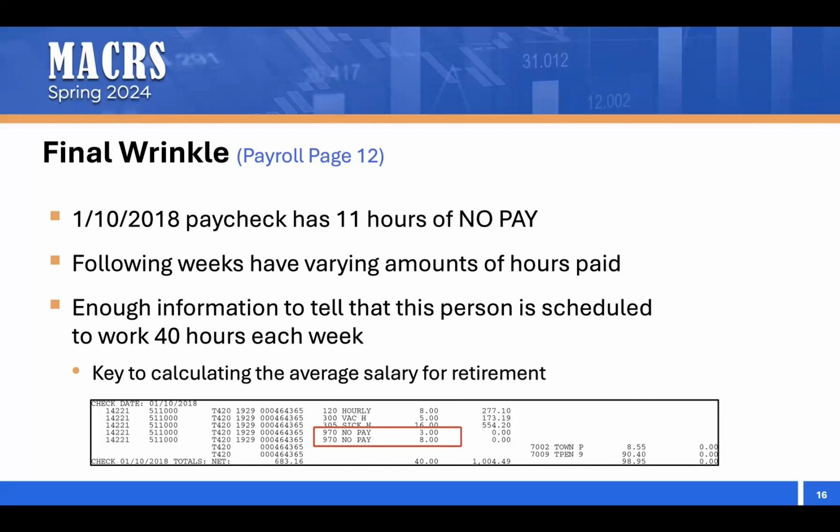Obviously, the amount paid is 0, but there are numbers in the hours column. So you can see that this person is scheduled for 40 hours every single week. Whether they get 36 hours regular and 4 vacation, or like further down where they have 8 hours and 32 hours of no pay.